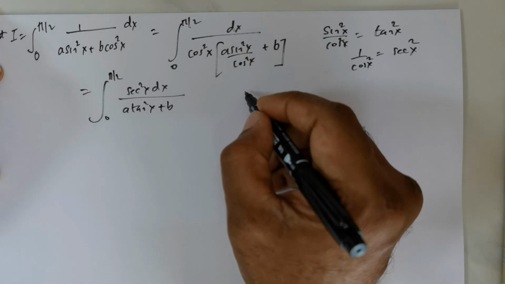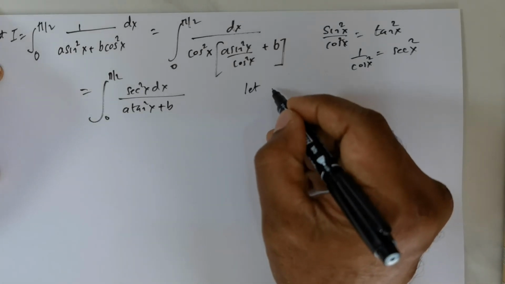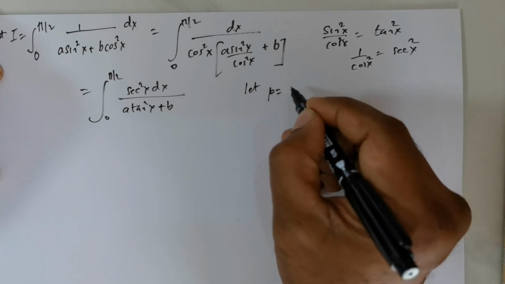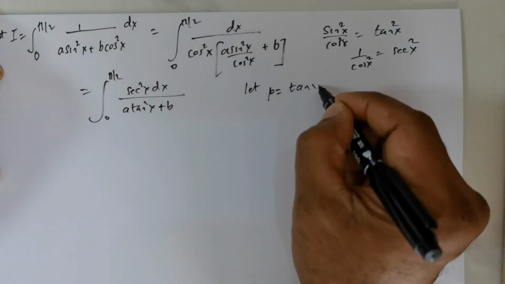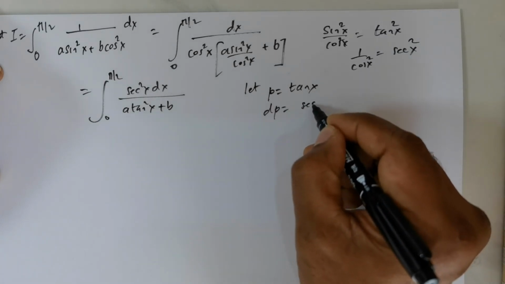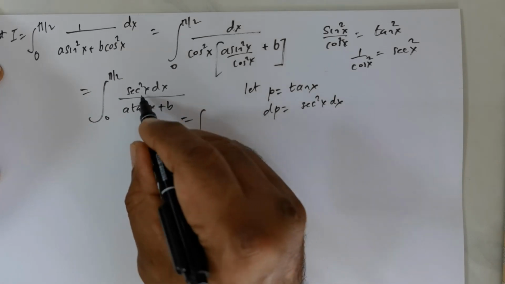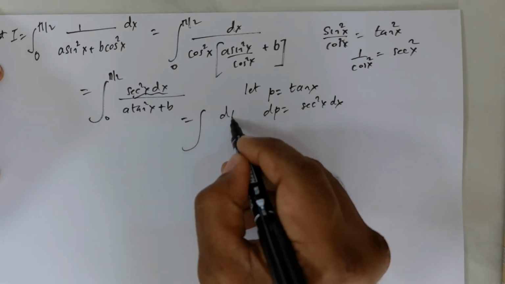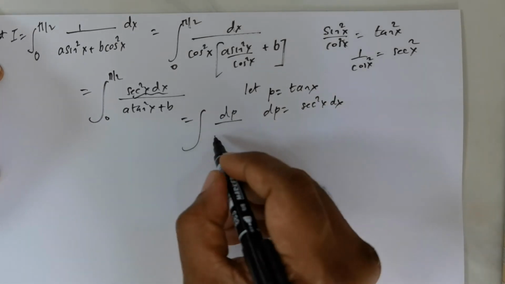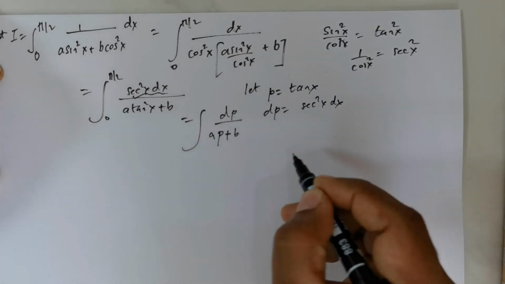Now I would like to make a substitution. Let p be equal to tan x, and if I differentiate this, dp is equal to secant squared x dx. So in place of secant squared x dx, I will be substituting dp. In place of tan squared x, it's going to be p squared plus b.